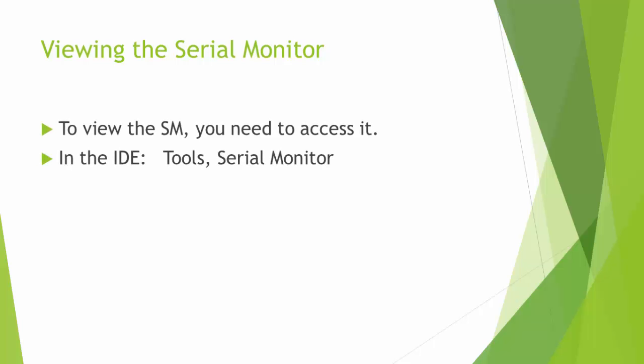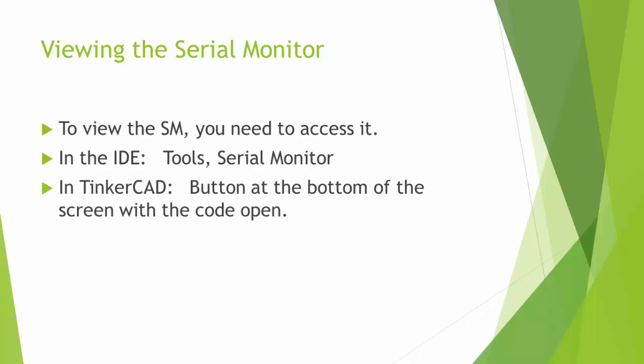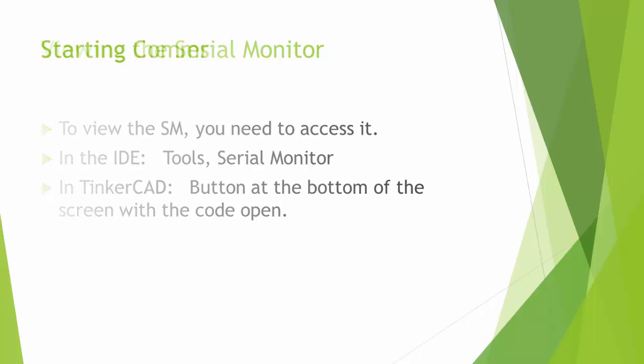But from the Arduino IDE on PC, the commands to get to the serial monitor are clicking Tools and then Serial Monitor. If you're using the simulator in Tinkercad, there's a button at the bottom of the screen, but only after you've opened the code. So you can access the serial monitor after you've clicked Code, and the serial monitor button will be down below there.